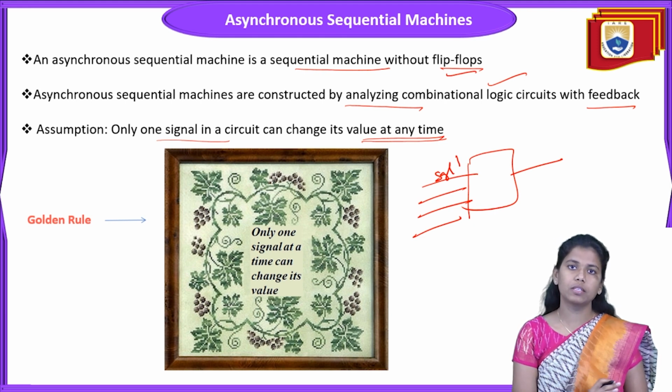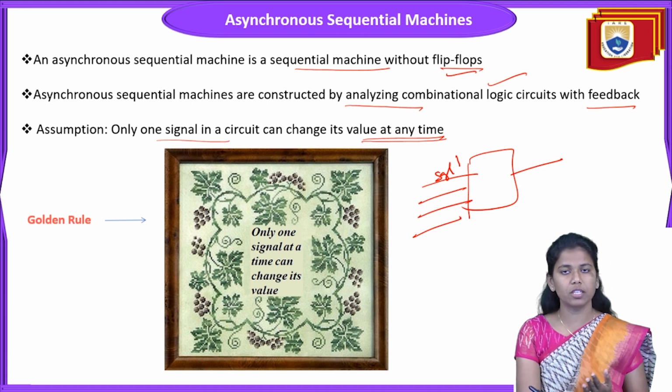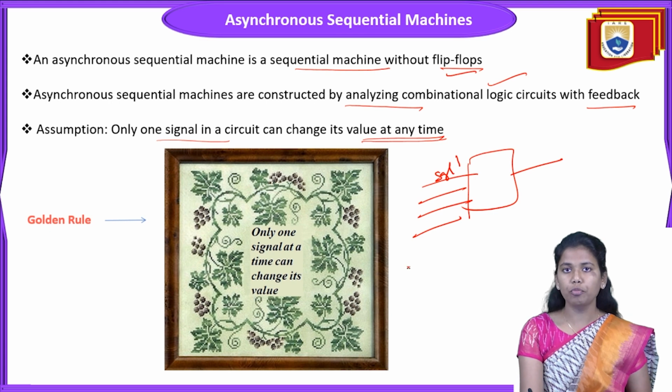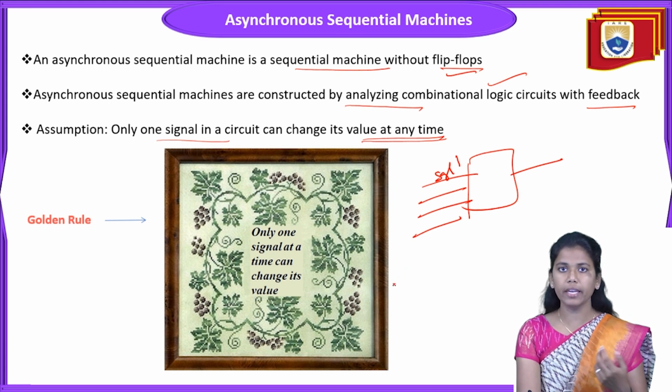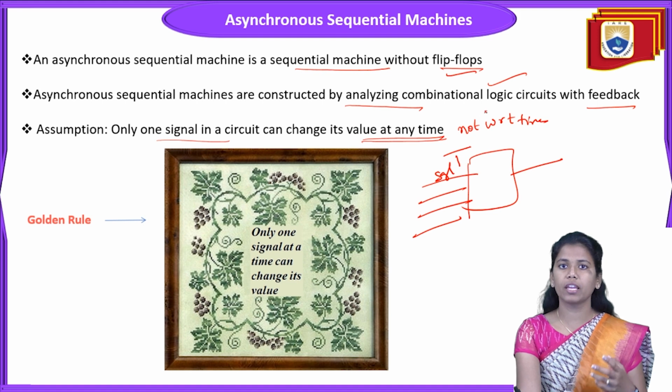If you compare it with synchronous sequential machines, only at a definite time do we change the signal. There is a possibility of changing the signals only at a particular time. But in asynchronous sequential machines, out of all the different signals, one signal can change its value at any time, not with respect to time.